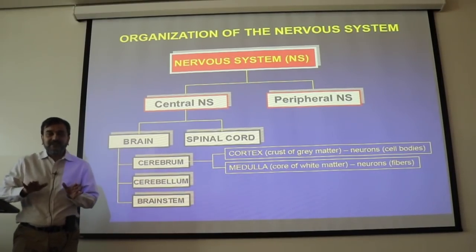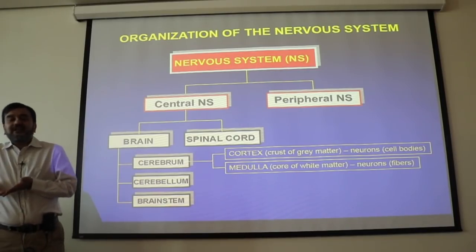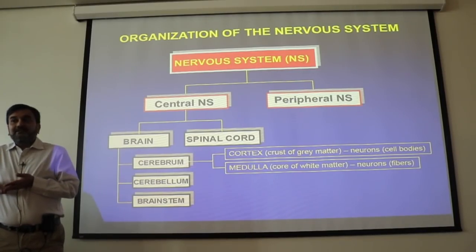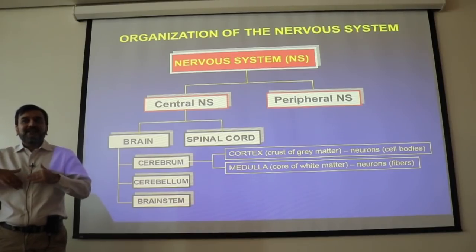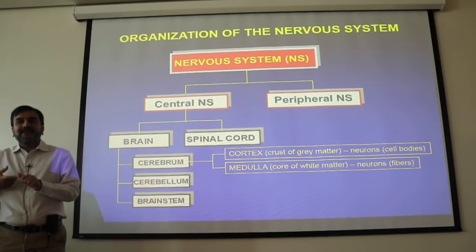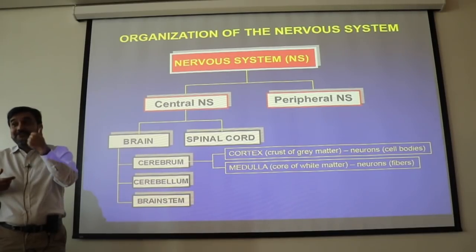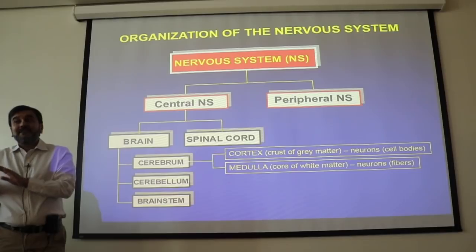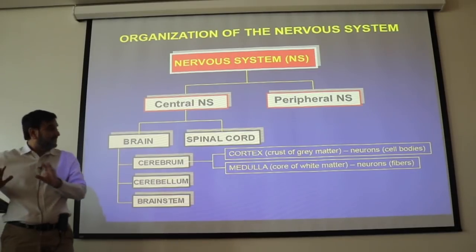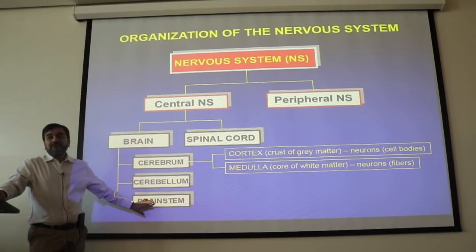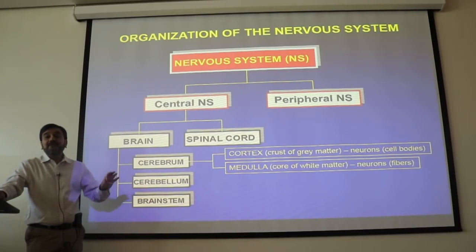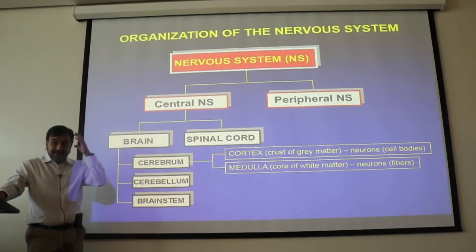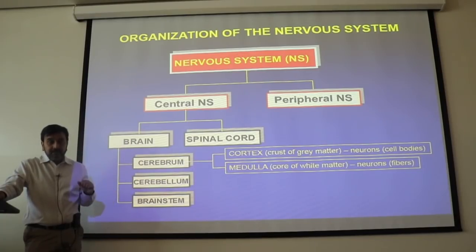So if you have a trauma patient coming in, and the motor or sensory loss is only below the head and neck region, most probably it is the spinal cord. If it is in the head and neck region, then it would be mainly brainstem, because the brainstem is the one supplying the head and neck region.